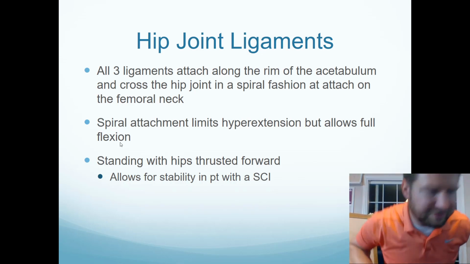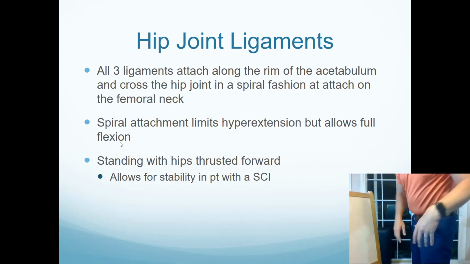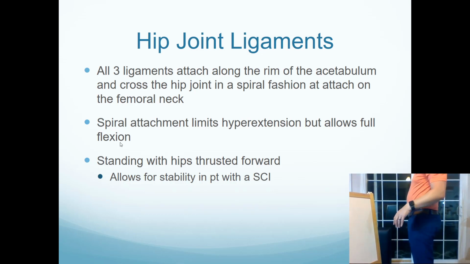So if I were to stand up, again, I can't see this on my screen, and thrust my hips forward, I would be hanging on my ligaments. If I didn't have any muscle innervation below the level of my belt and I thrust my hips forward, I could theoretically hang out in this position.